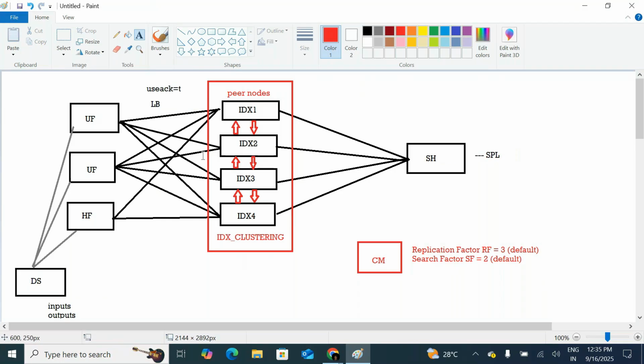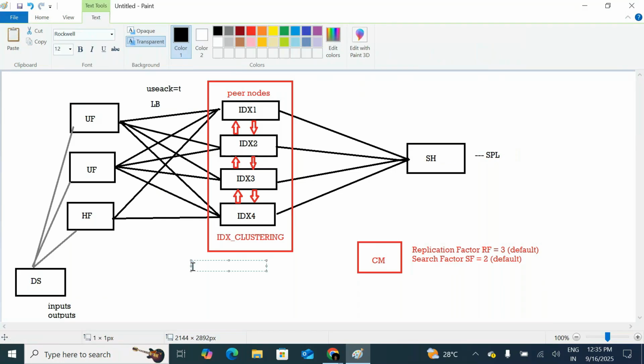All of you know that data is received by indexers. Forwarders are sending, and data is received by the indexer. After receiving the data, if you want to do some customizations or parsing activities, parsing means line breaking and segmentation. If actual events are not breaking, you can break them.